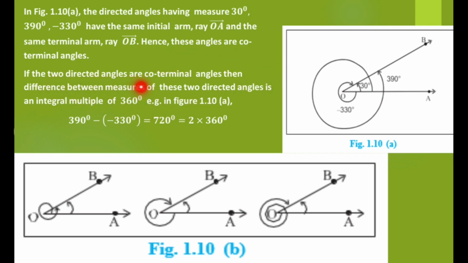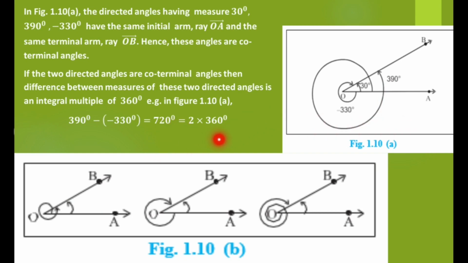If two directed angles are coterminal angles, then the difference between the measures of these two directed angles is an integral multiple of 360. Now see in this figure, this 390 and this minus 330, when we subtract, minus minus becomes plus, so we get 720.